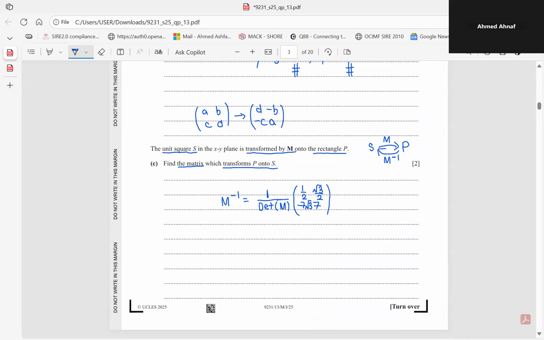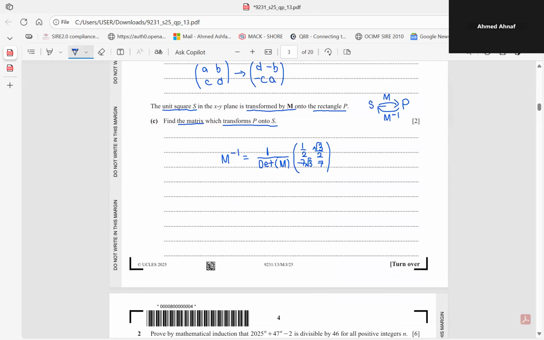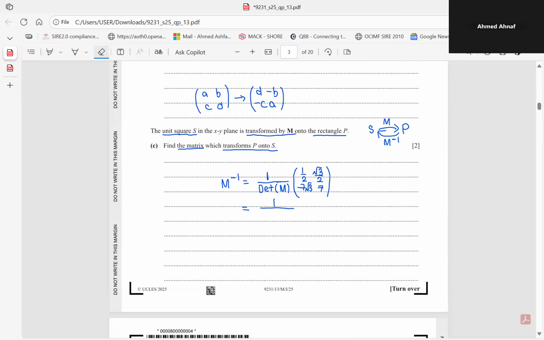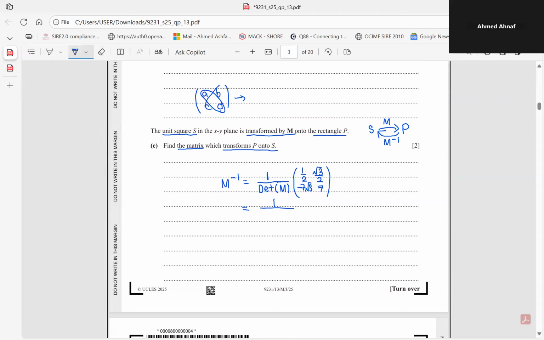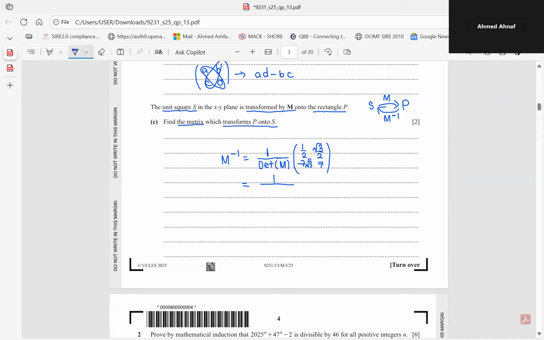And then to find the determinant, taking our general form A, B, C, D, the determinant is just AD minus BC. So our AD is 7 times half, so that's 7 over 2, and minus BC.